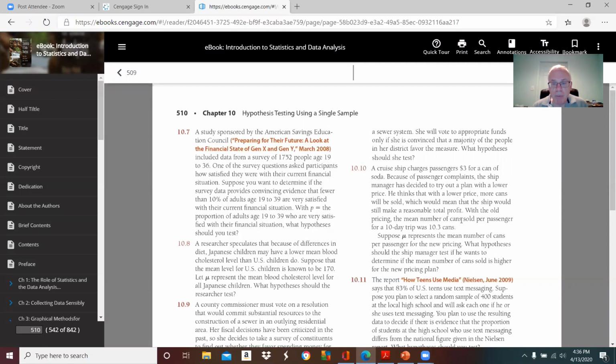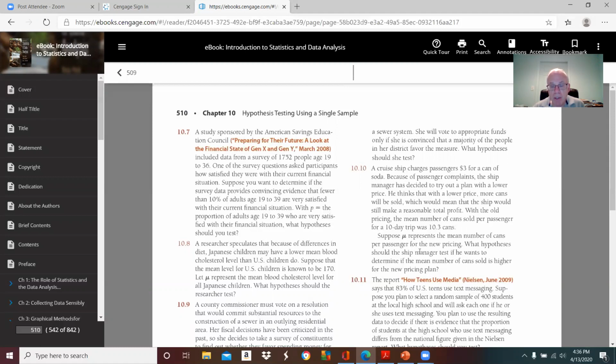With the old pricing, the mean number of cans sold per passenger for a 10-day trip was 10.3 cans. Suppose mu represents the mean number of cans per passenger for the new pricing. What hypotheses should the ship manager test if he wants to determine if the mean number of cans sold is higher for the new pricing plan?